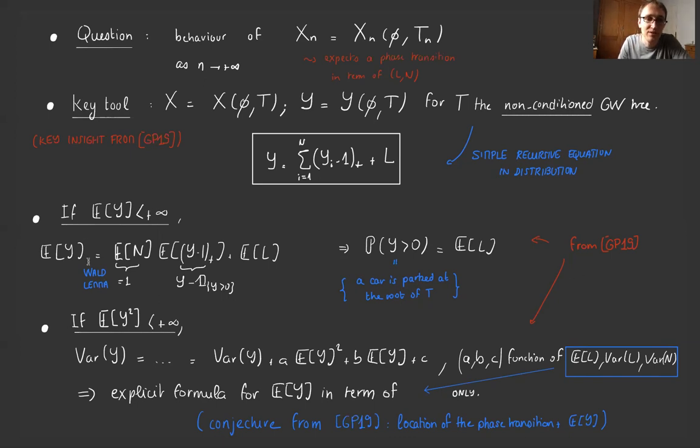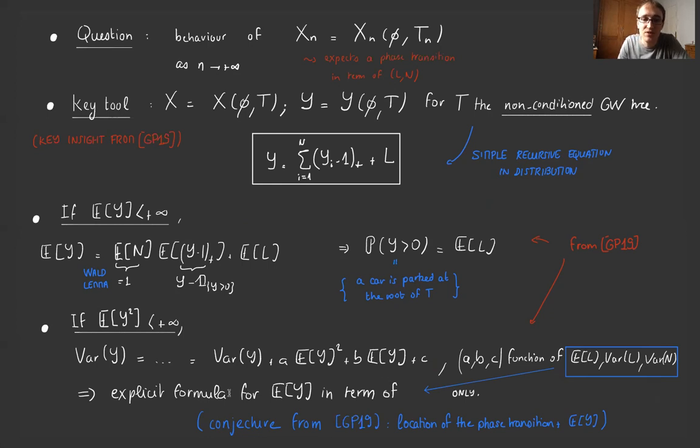Taking the first moment and using Wald's lemma, they conclude that the probability that Y is positive, meaning that a car is parked at the root of T, is equal to the expectation of the car arrival distribution. Also, if the second moment of Y is finite, then computing the variance of Y, they find that the variance of Y is equal to the variance of Y plus a certain quadratic polynomial in the expectation of Y, whose coefficients a, b, and c are functions of the expectation of L, the variance of L, and the variance of N only.